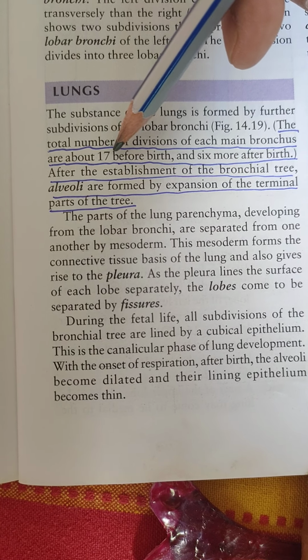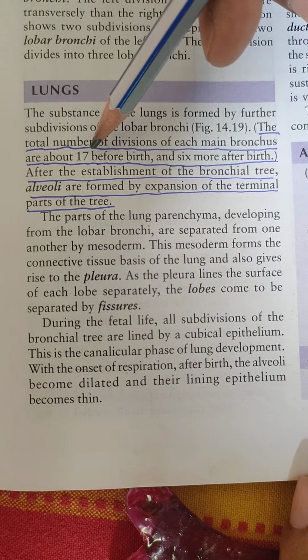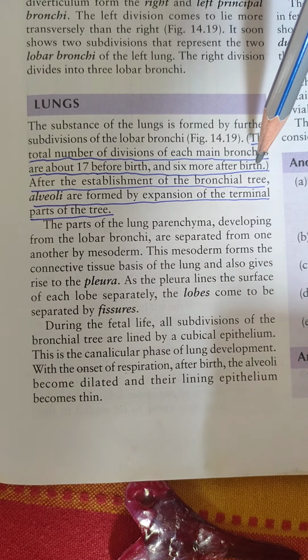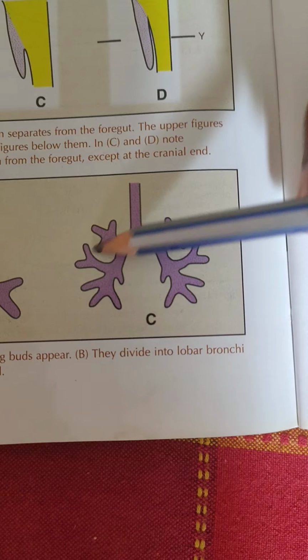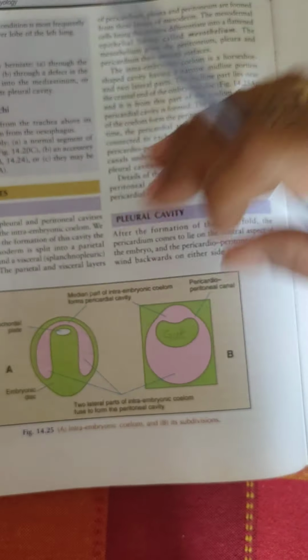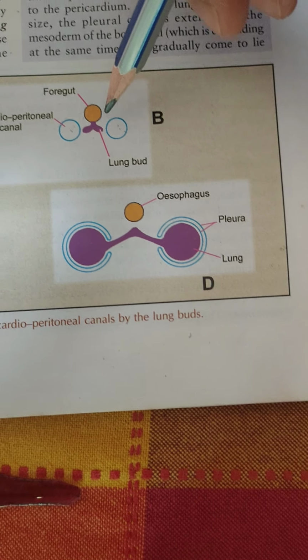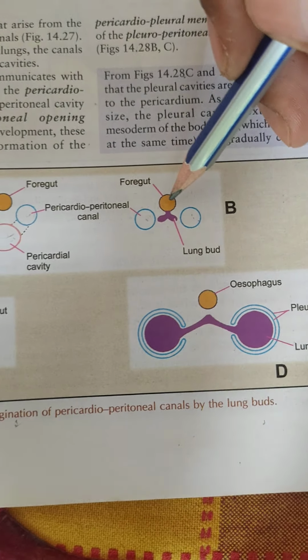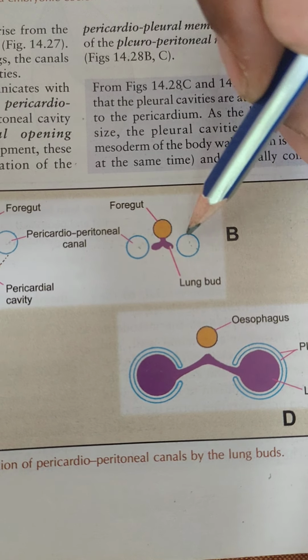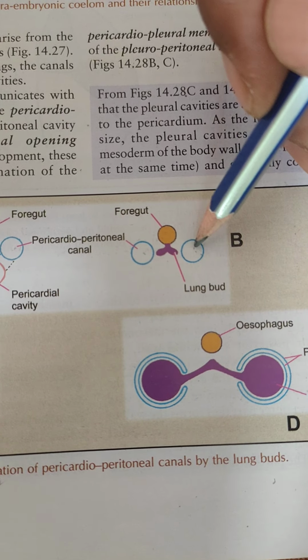So before birth there will be 17 times division, and after birth there will be 6 more divisions. So this is the bifurcation of the main bronchus. Okay. Now come to the formation of this pleural cavity. So please focus on the B diagram, which is foregut posteriorly, and the right and left pericardioperitoneal canal.